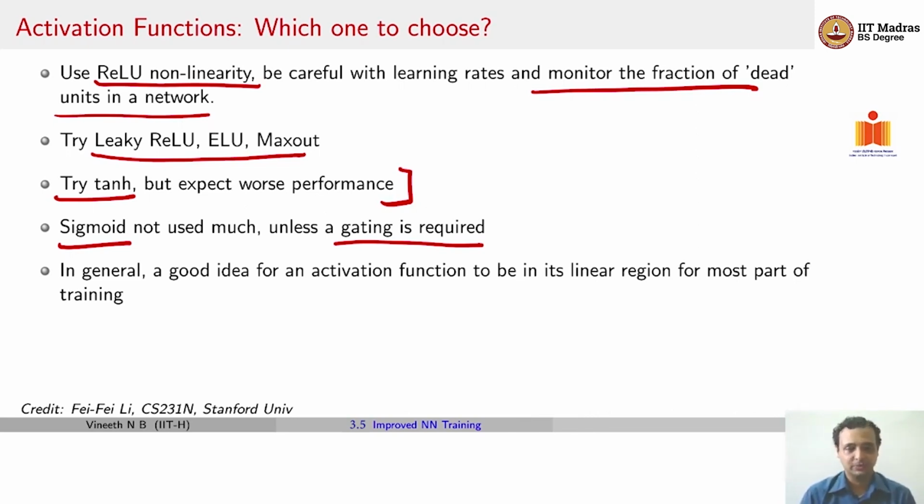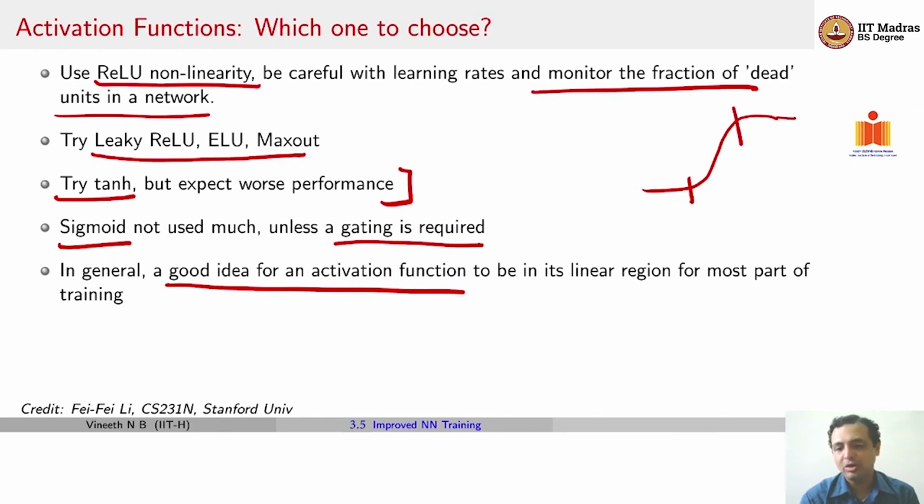In general, a takeaway here is you would want an activation function to be in its linear region for as much part of the training as possible. What does that mean? If you take the sigmoid activation function, you would want to ensure the activation function is most often used when the inputs are lying in this range.